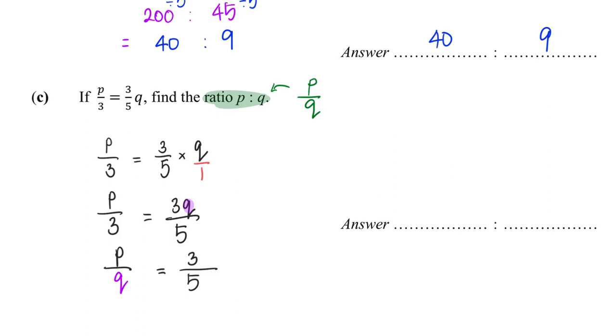I am going to multiply both sides by 3, so that I will no longer have the 3 on my left hand side, and voila! I have successfully gotten P over Q equals to 9 over 5. And what do you think is the answer? Brilliant. 9 is to 5.